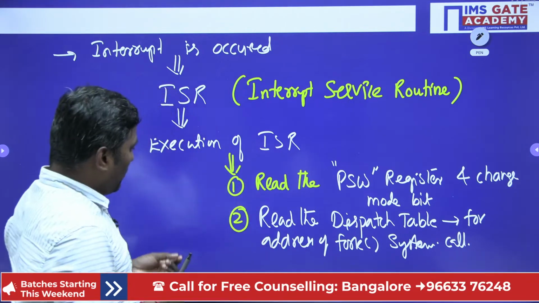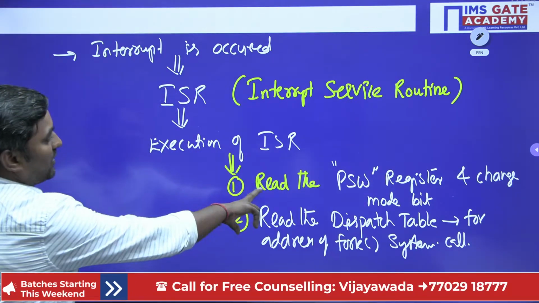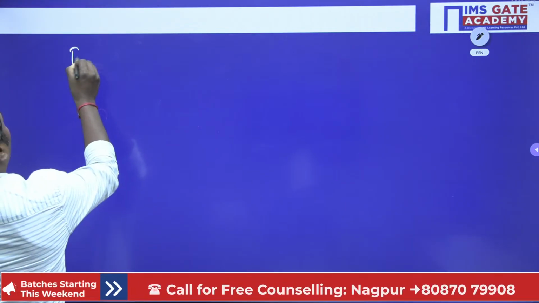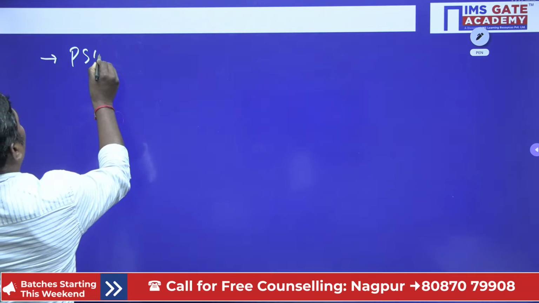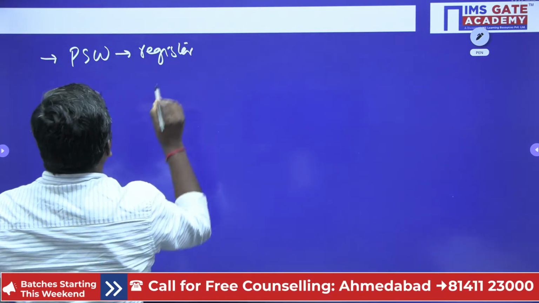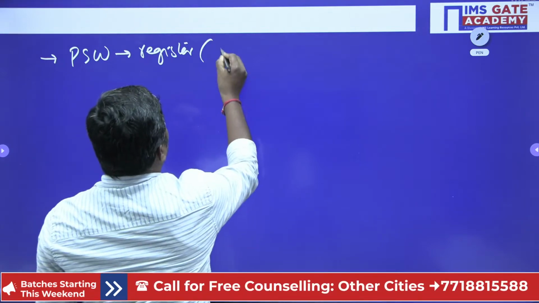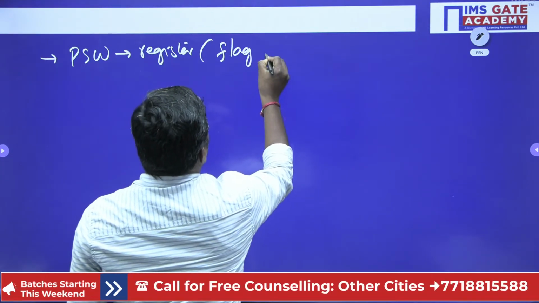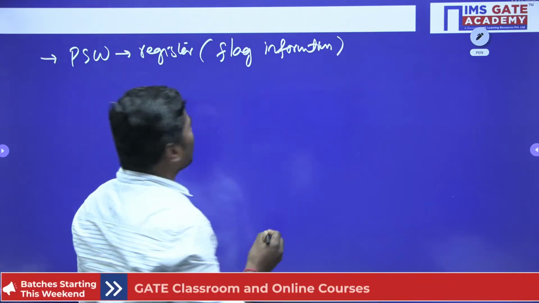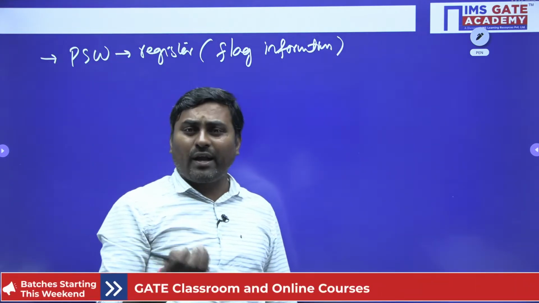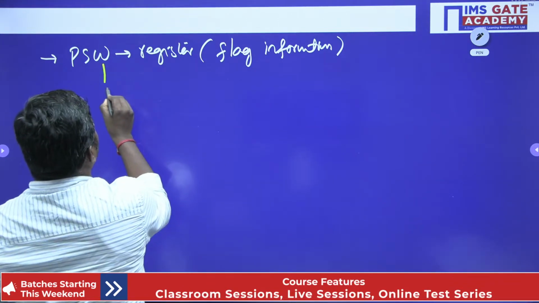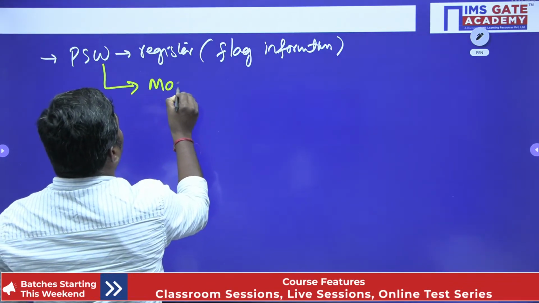I'll continue. Like I said, read the process status word. The process status word is a register which contains all the flag information, like overflow, carry, and so on, and lastly, a mode bit.